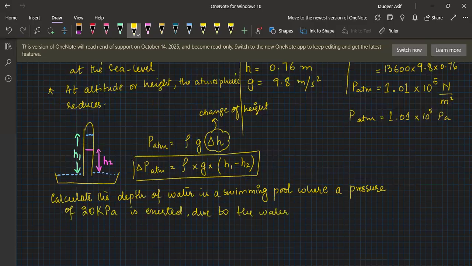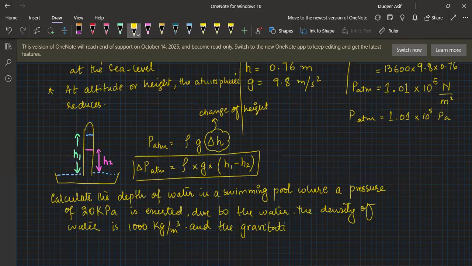The density of water is 1000 kilogram per meter cube and the gravitational field strength on Earth is 9.8, right?